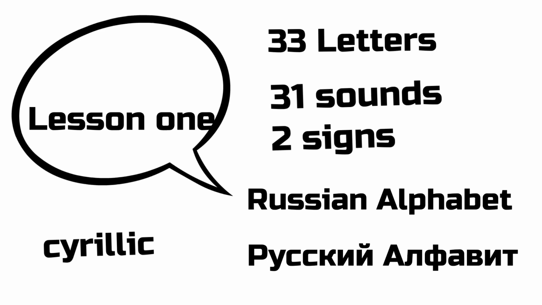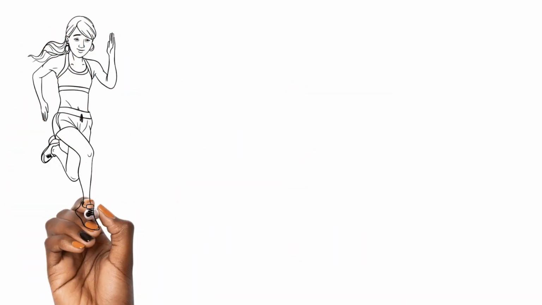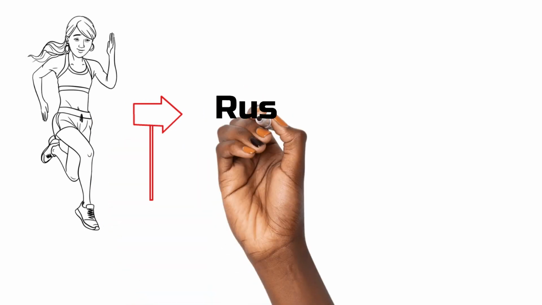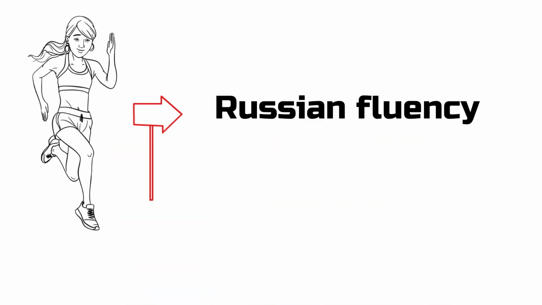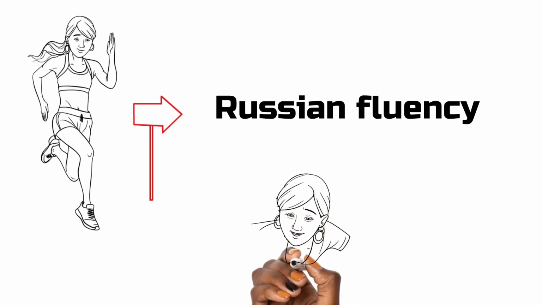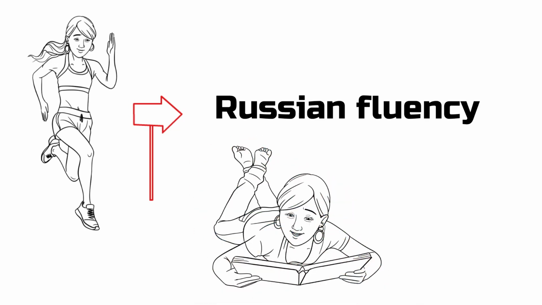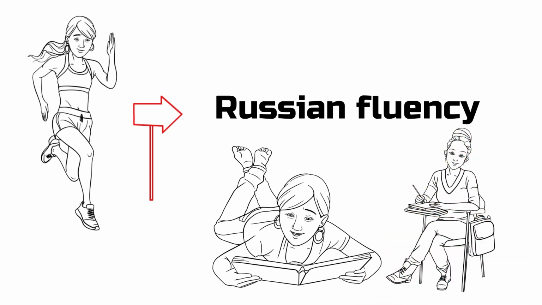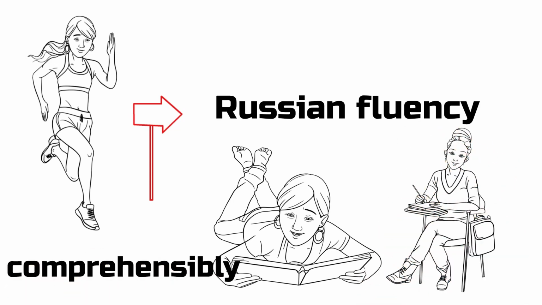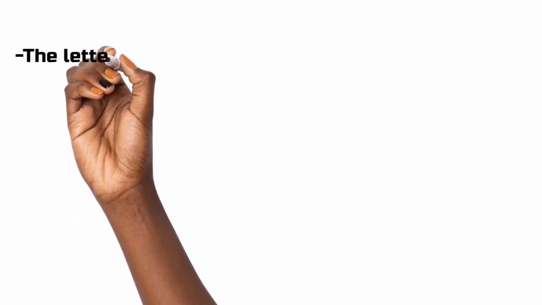The alphabet is the first hurdle in your journey to Russian fluency. However daunting the task may be, once you know the sounds of the 33 letters, you can read, speak, and write comprehensively. The lesson is divided into 2 parts.